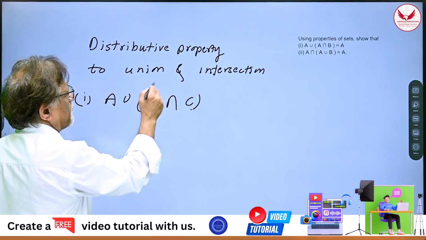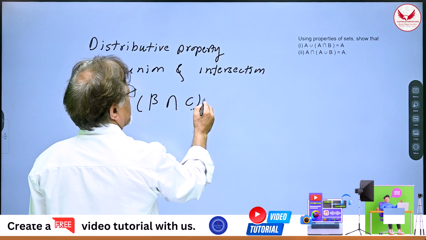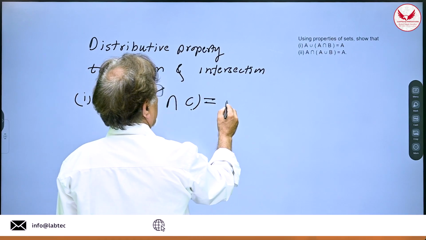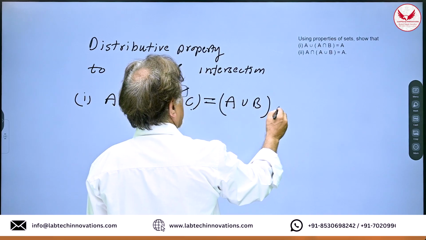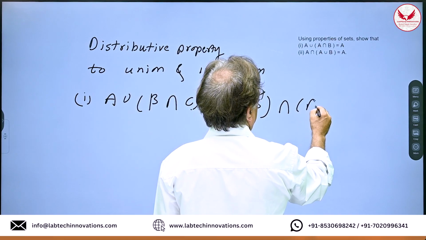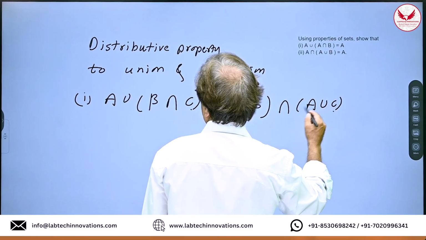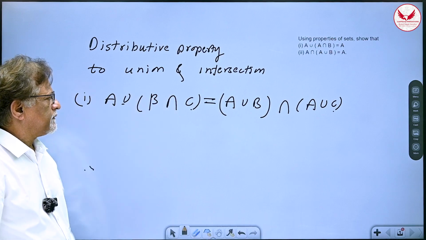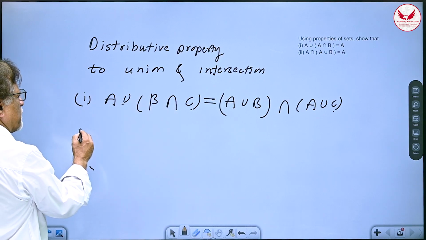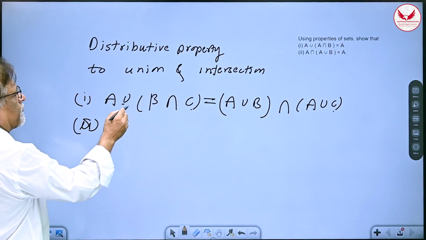And in the middle the sign will be intersection. So the property says that this is equal to A union B intersection A union C. That means I have distributed union over intersection. Correct? Now, the second property, you can just reverse these signs.